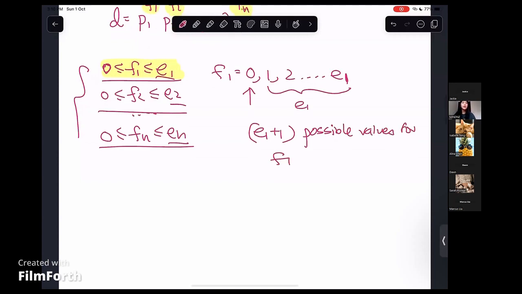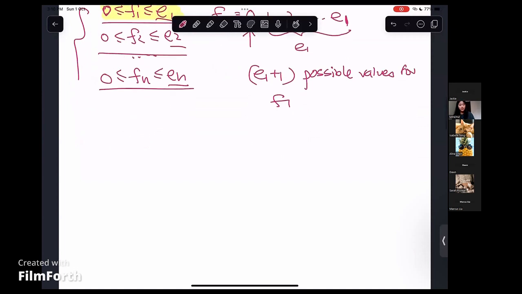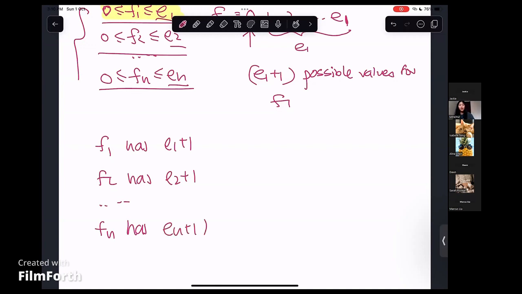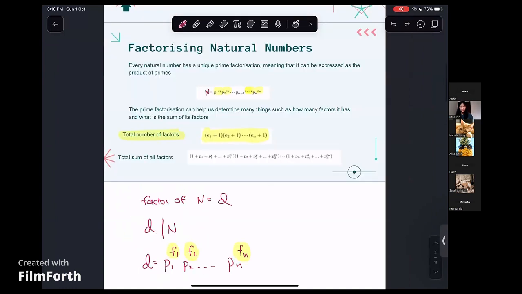And we kind of use the same idea for f2 and all the way to fn. So f1 has E1 plus 1, f2 has E2 plus 1, and then fn has En plus 1. So then the product of all of these, we notice, is actually just the total number of factors, right?